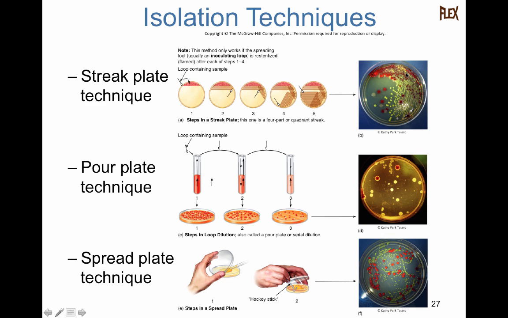So here we have a mixed bag of, it looks like there's 3 different species of bacteria. Now, if we look on this area of the plate, it looks like they're all mixed together, right? If you look down here, you can see that they've been separated out by bacterial colony.